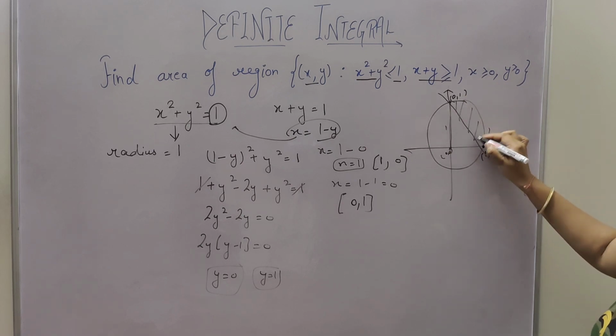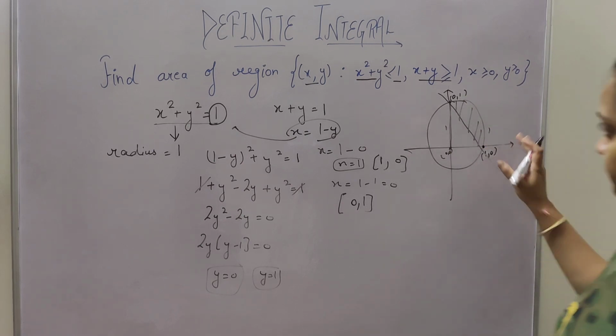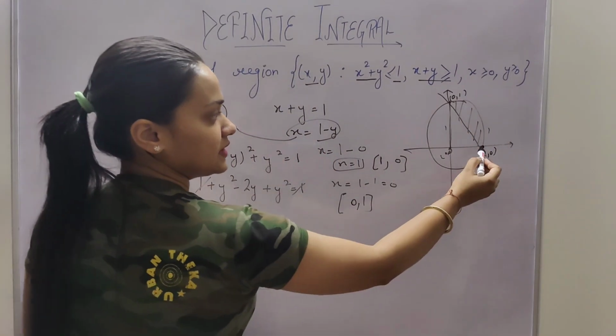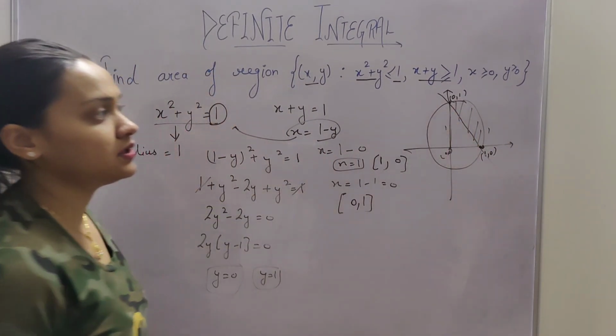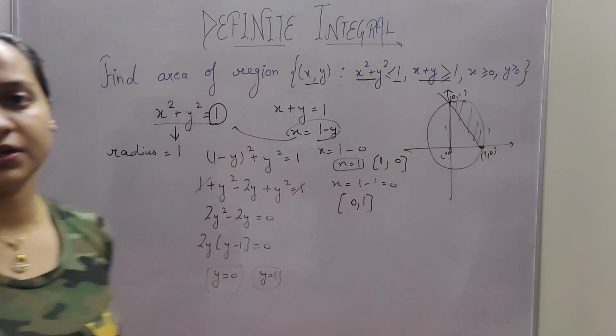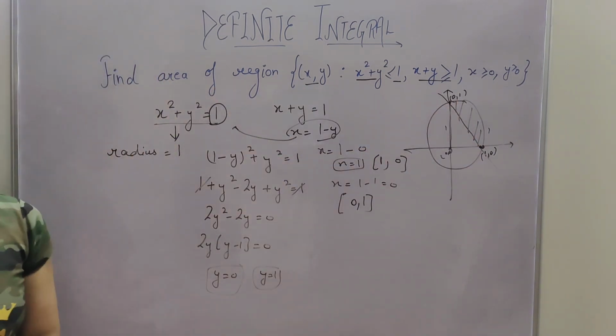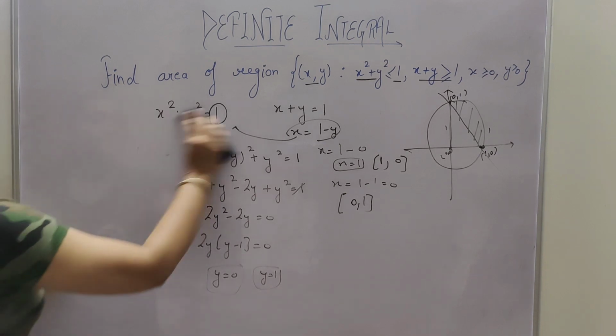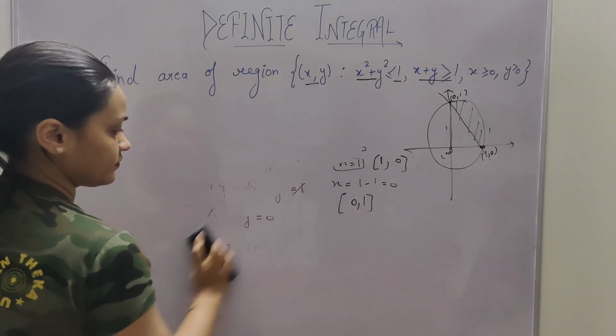This is the required area in this question. These are the 2 points where the line touches the circle and we have to calculate this part, which is the required area. So we are just going to rub this.